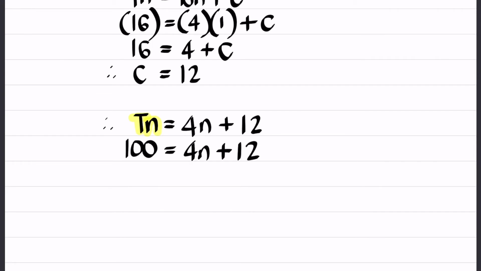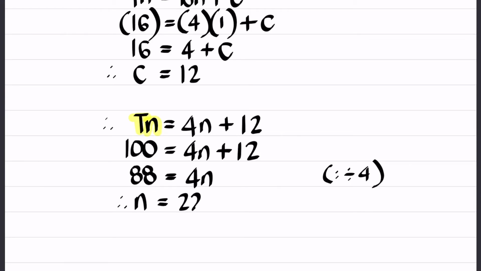Now I'm going to solve for n, and see whether n is a whole number or not. In order to solve for n, I'm going to take the 12 across, so 100 minus 12, which is 88, is equal to 4n. But I don't want the 4n, I want the n by itself, so I'm going to divide both sides by 4. So therefore, n is equal to 22.